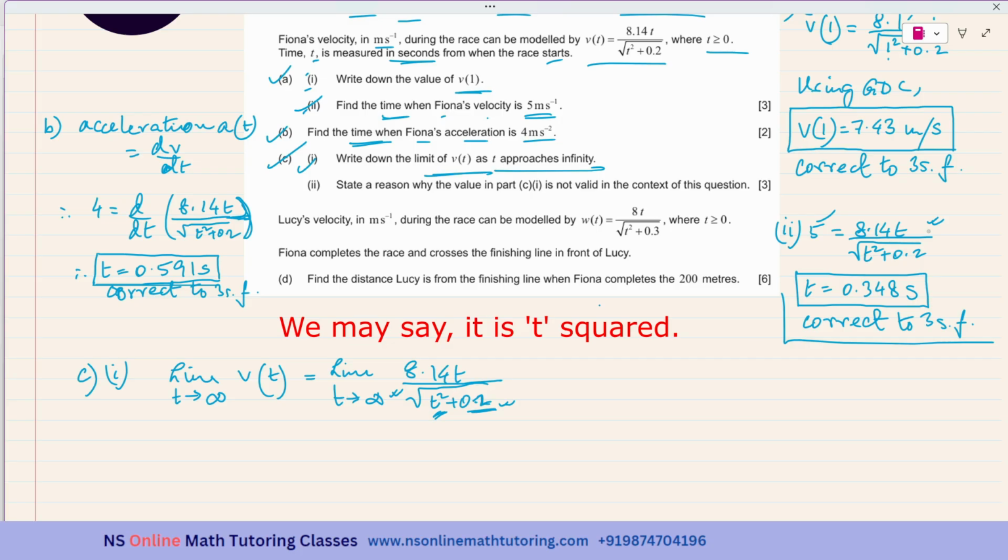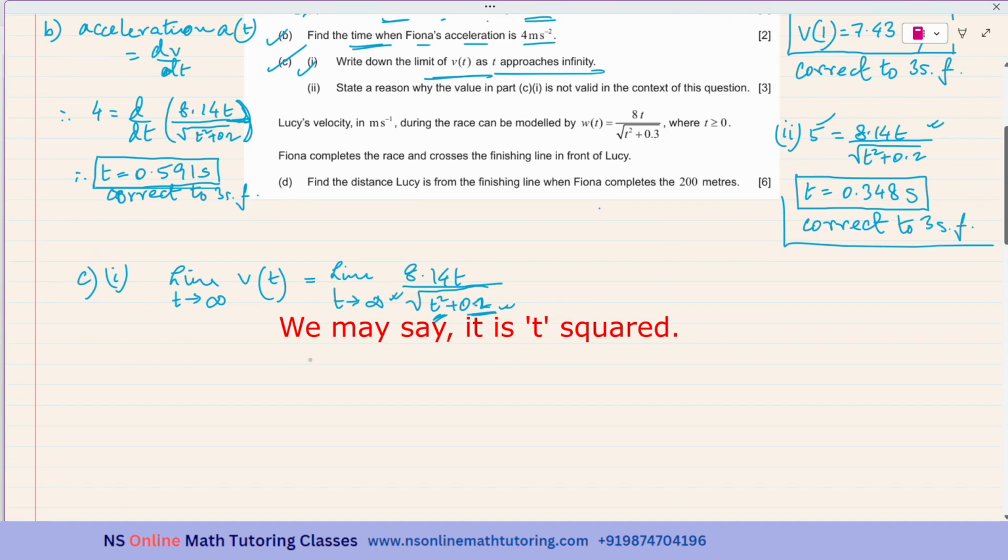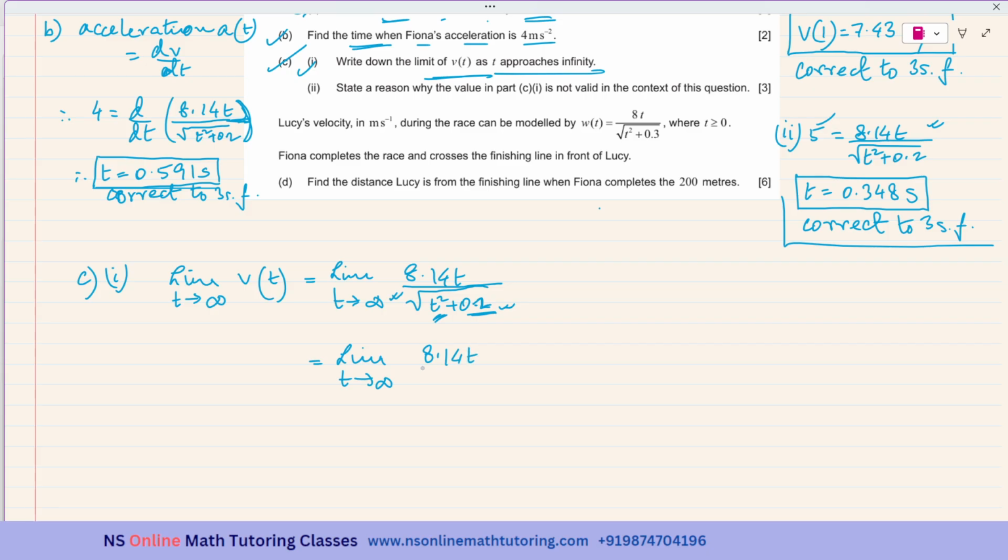So limit t tends to infinity, and if I write t square plus 0.2 as t square, it is almost equal to t square, because 0.2 is nothing in comparison to t square.